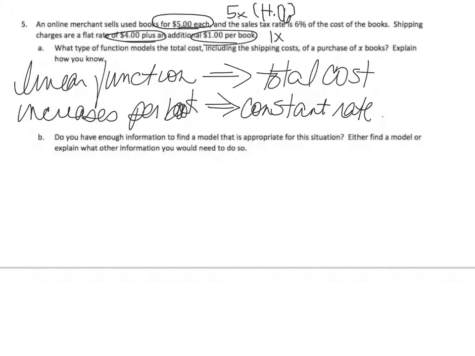Do we have enough information? We do. We know that we sell our books for $5 each, which would be 5 times X. We get charged a sales tax of 6%, which is 1 plus 0.06. We also have a $4 flat rate for shipping plus $1 per book.